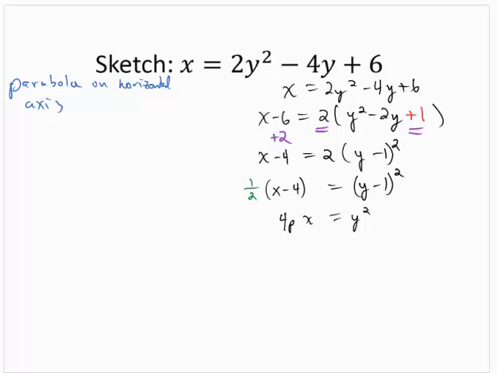So I can immediately look at this and say that the vertex, looking at the values that make the quantity 0, the vertex would be 4, 1. And since 4p equals 1/2, p equals 1/8.